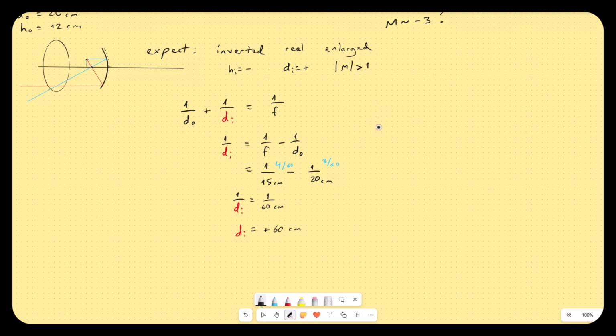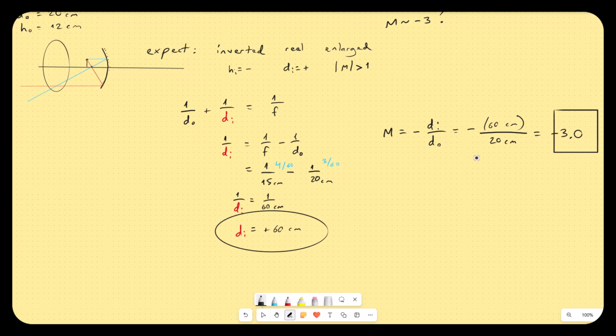And let's see what that does. I'm going to get a magnification. Magnification is negative DI over DO. DI is 60 over DO, which was 20 centimeters, so negative 3. And then we'll keep running with this.